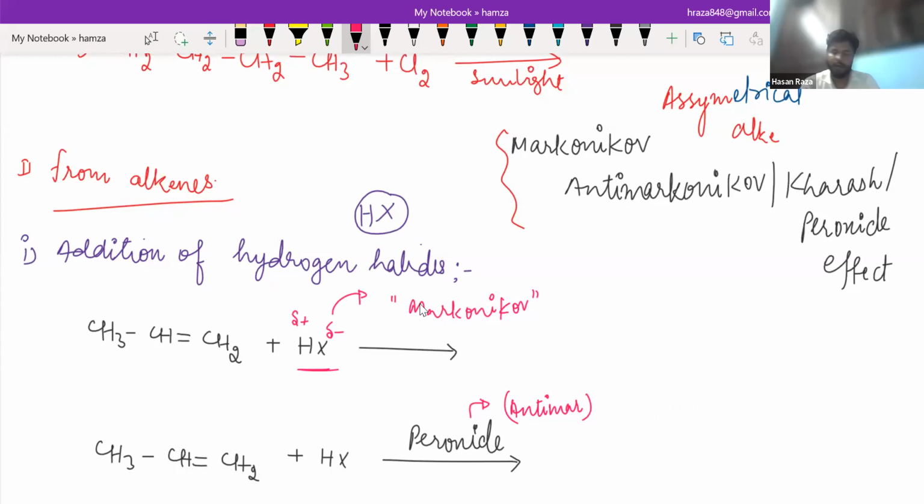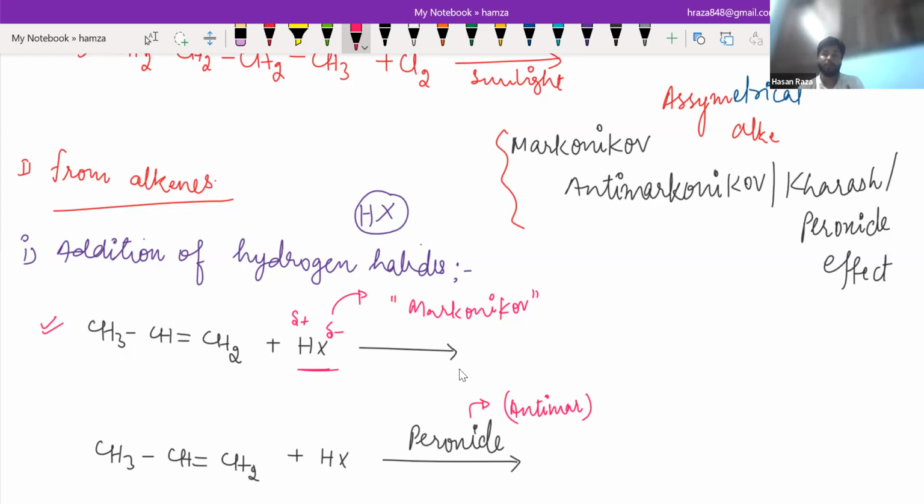What I was saying is that when alkene reacts with hydrogen halides, there will be two conditions. On the arrow, there will be nothing written, or it will be written like no peroxide. And when alkene reacts with hydrogen halide in the presence of peroxide, that is anti-Markovnikov, and in the absence of peroxide, that is Markovnikov.